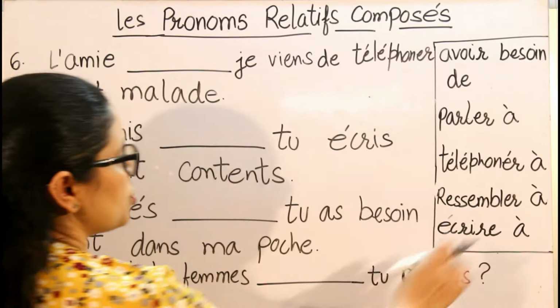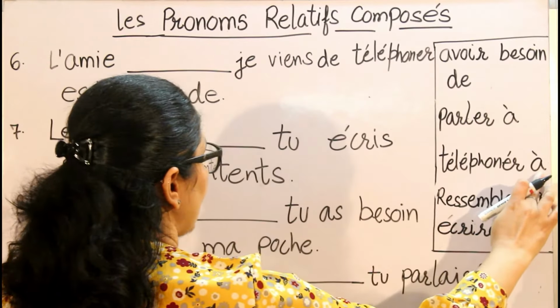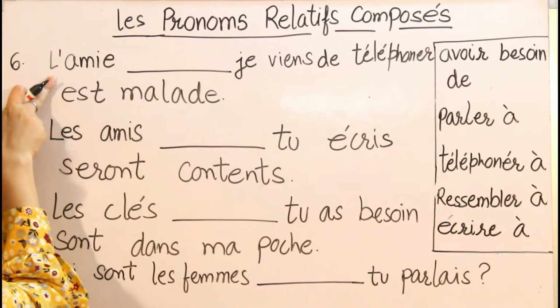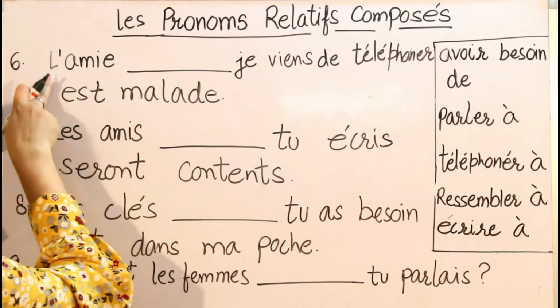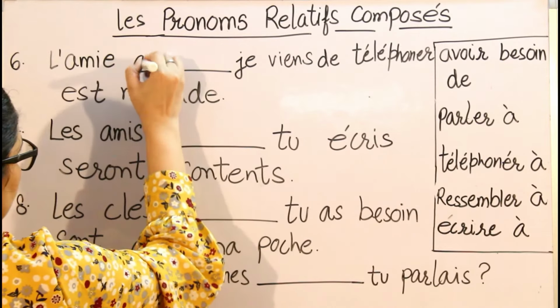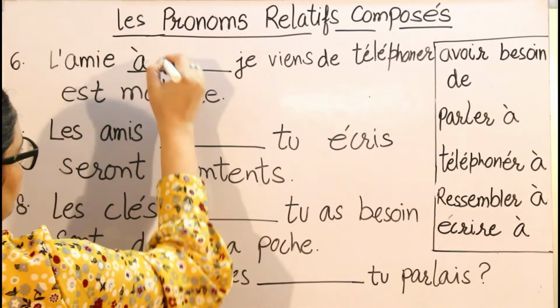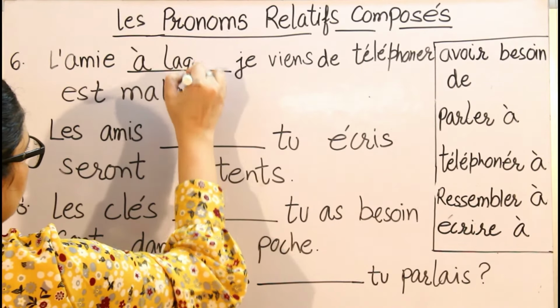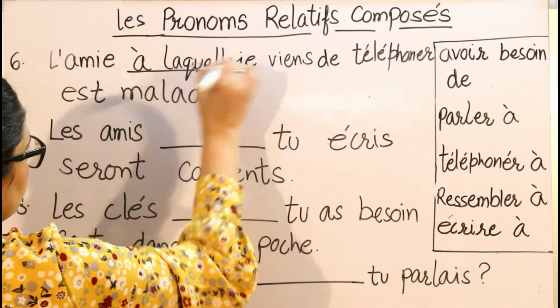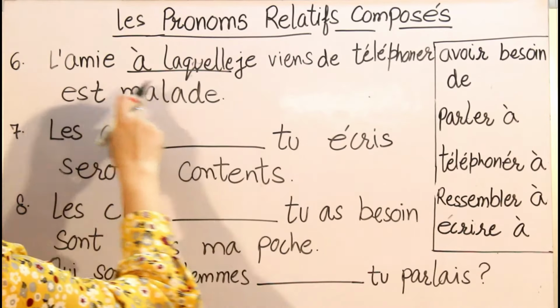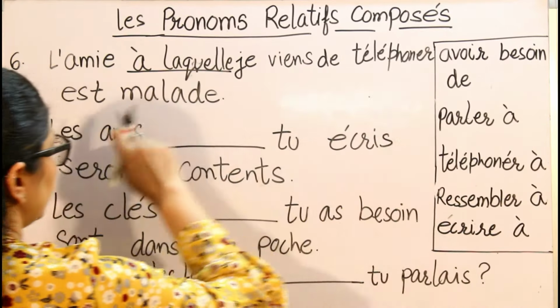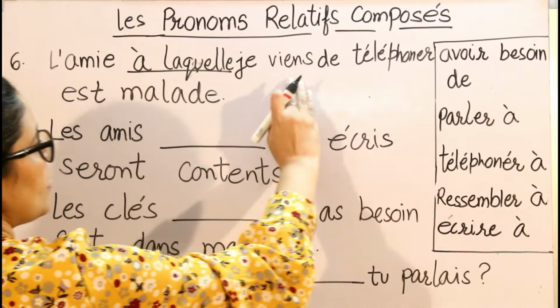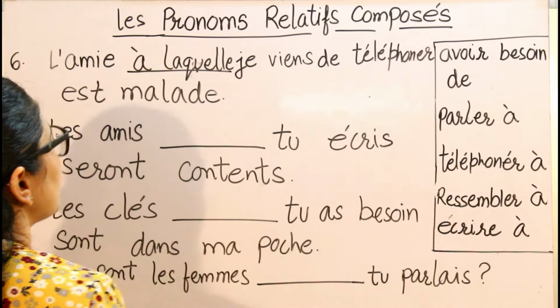So I'll use the preposition à and the form according to the word I am referring to. I'm talking about the friend, which is feminine here, so I will write laquelle. L'ami à laquelle je viens de téléphoner est malade. The friend I just called is ill.